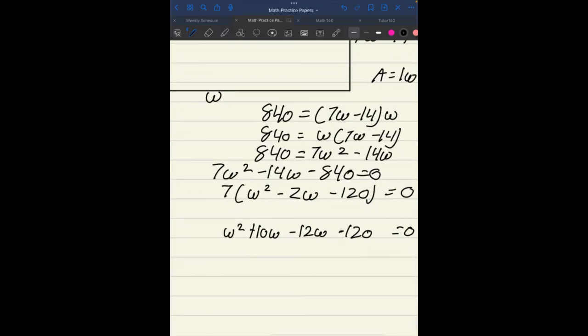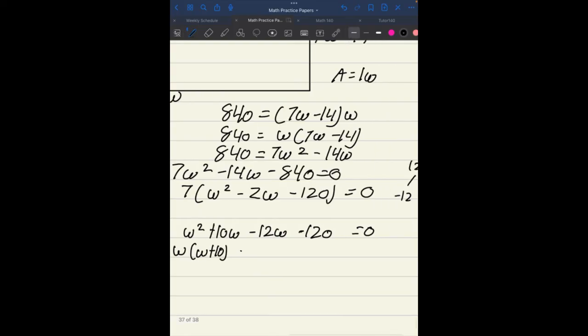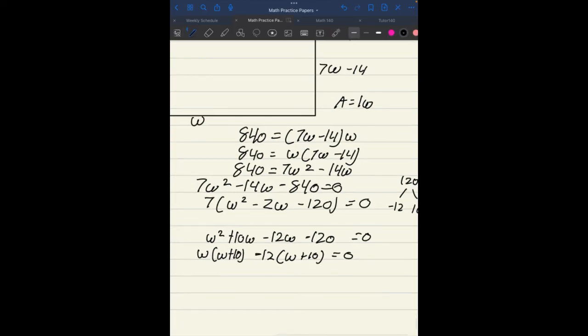So now we can factor out some stuff. We can factor w and we're left with w plus 10. Then we can factor out minus 12 and then left with positive w and positive 10, because negative 120 divided by negative 12 is positive 10, equal to 0. You could rewrite this as w plus 10 and then w minus 12 is equal to 0.